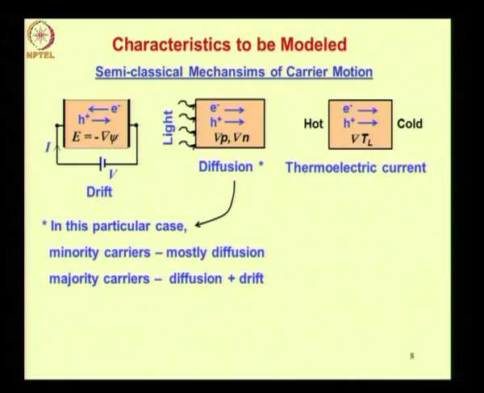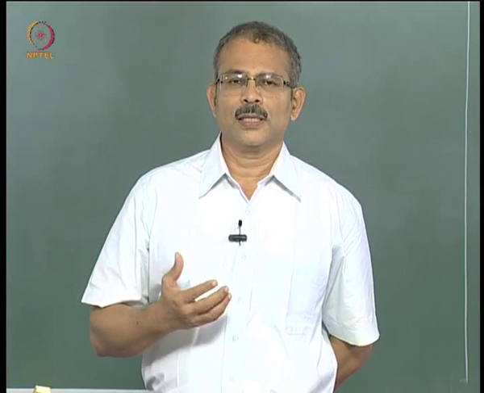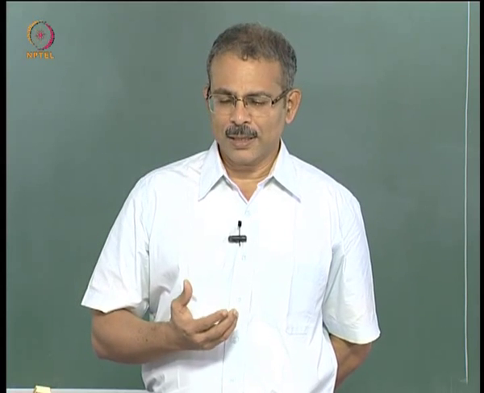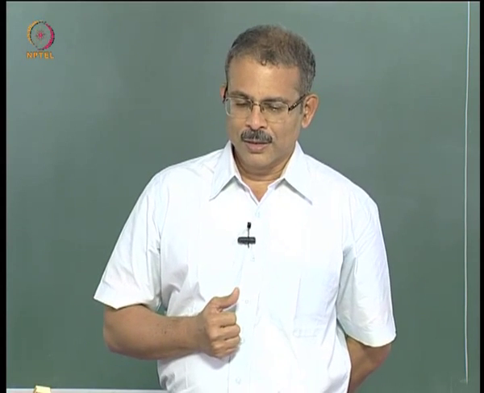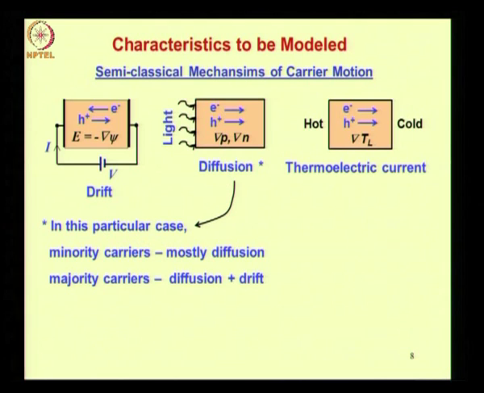Later on we will distinguish between what is called lattice temperature and carrier temperature. For now let us just refer to the situation in terms of one temperature, namely the lattice temperature. Once there is a temperature gradient, the slide shows that there is a flow of carriers from the hot end to the cold end. So both electrons and holes flow from the hot end to the cold end.